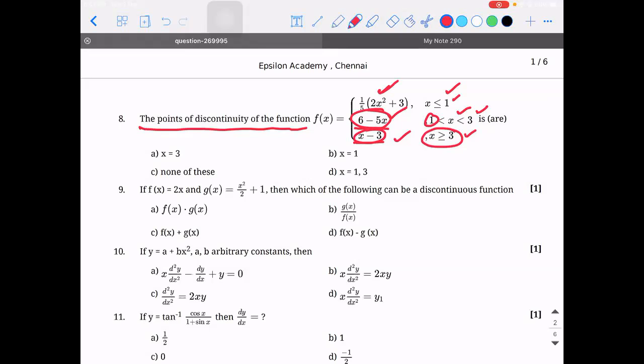Now we need to see whether this parabola coming from minus infinity to 1 is getting connected with 6 minus 5x at 1. Similarly, is 6 minus 5x between 1 to 3 getting connected with x minus 3? That is what we need to do. That is the technique. So how are we going to proceed with respect to the steps?